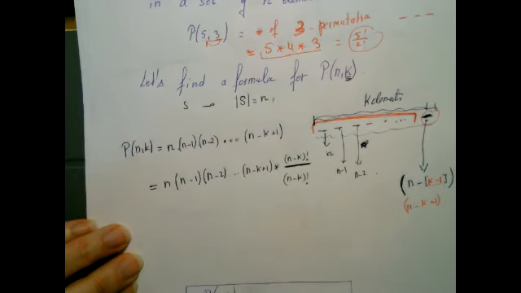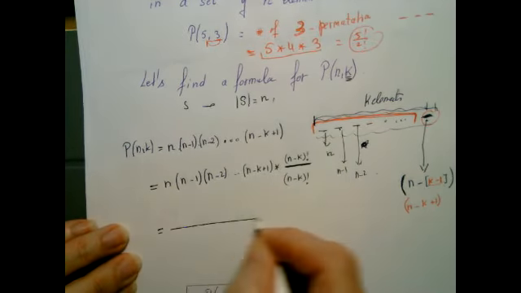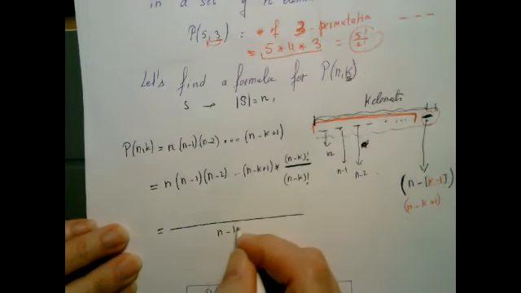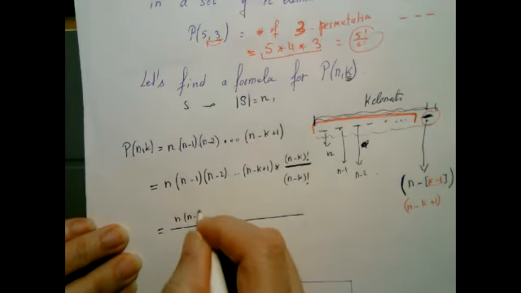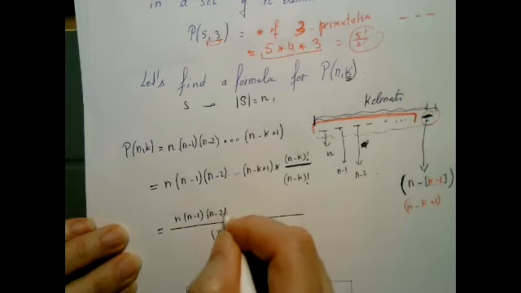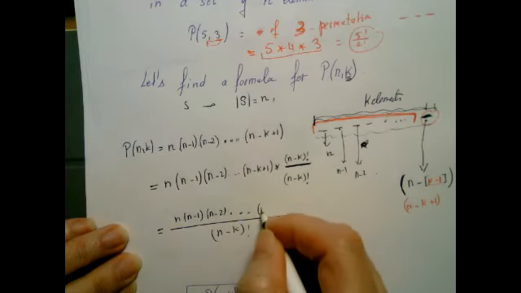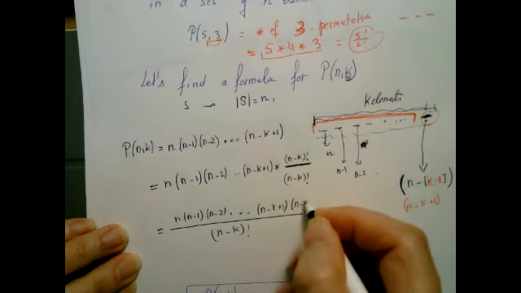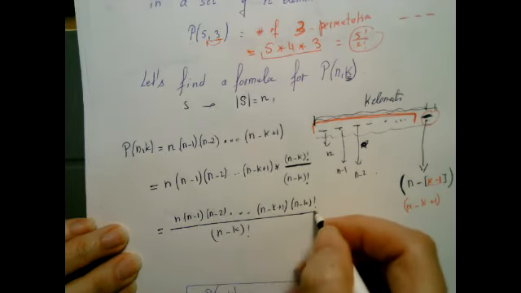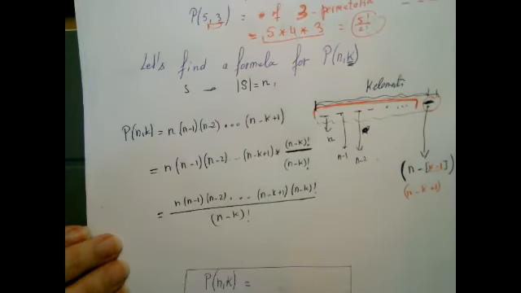The purpose is the following. The denominator is n minus k factorial, and the numerator is n, n minus 1, n minus 2, etc., n minus k plus 1, times n minus k factorial. Now, what's the benefit of doing all this algebra?